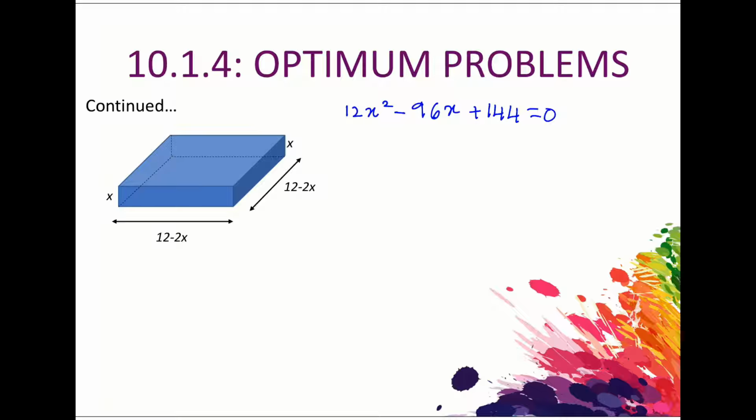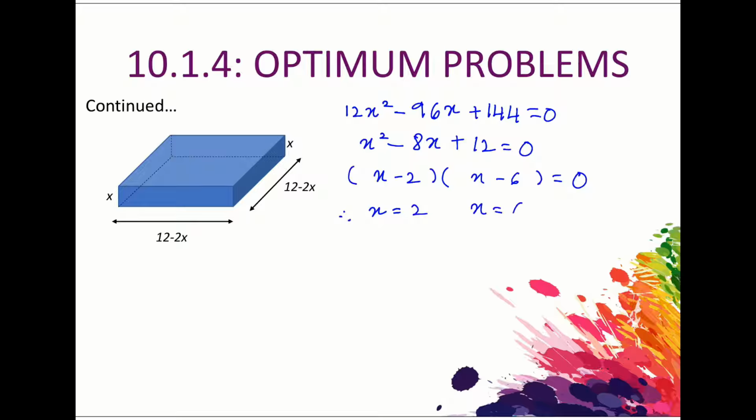So first we need to simplify. x squared minus 8x plus 12 equals 0. Then factorize. We get (x minus 2)(x minus 6). So finally we get that x is equal to 2, x is equal to 6.